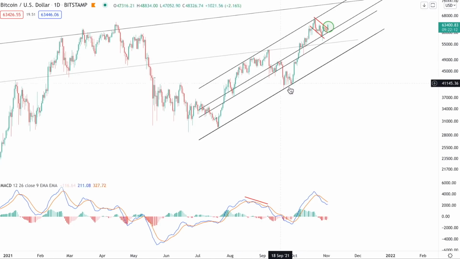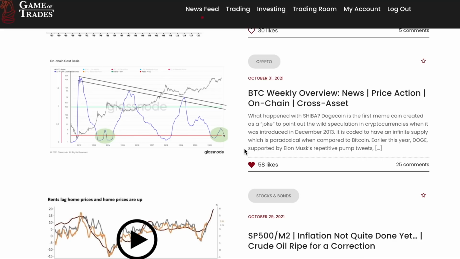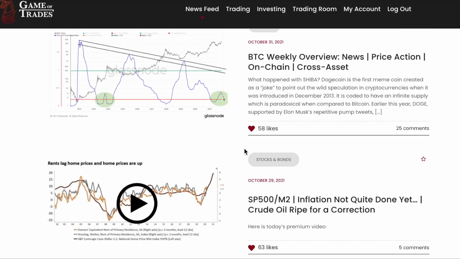You don't want to be capitulating when Bitcoin's about to make a bottom, and that's why it's so useful to look at the entire panel of different data points to help you keep a contrarian outlook and to maximize your potential returns. Now, of course, we're not always going to get it right. That's not the point of our service, but we do try our best to give you guys an edge over other players and to keep your emotions in check.